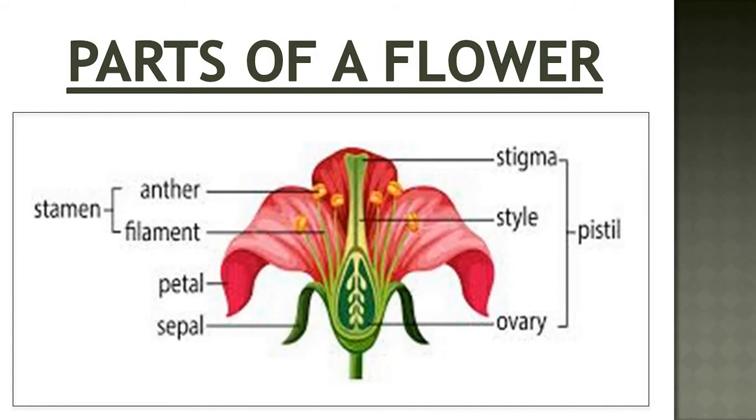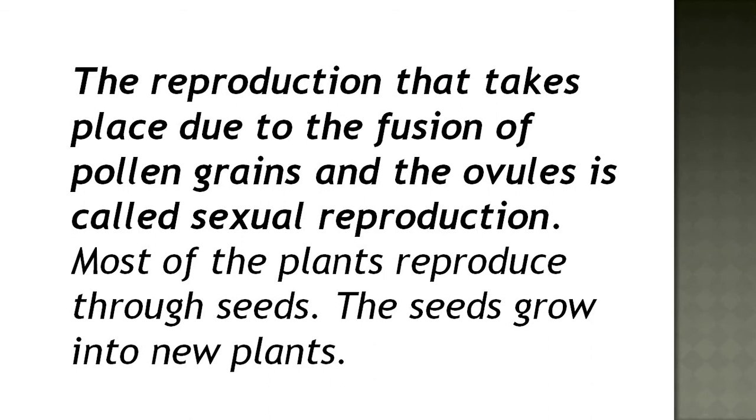So now children, you understand that in sexual reproduction the flower is important. The male reproductive part is the stamen and the female reproductive part is the pistil. These two parts take part in sexual reproduction. The reproduction that takes place due to the fusion of pollen grains and the ovule is called sexual reproduction.